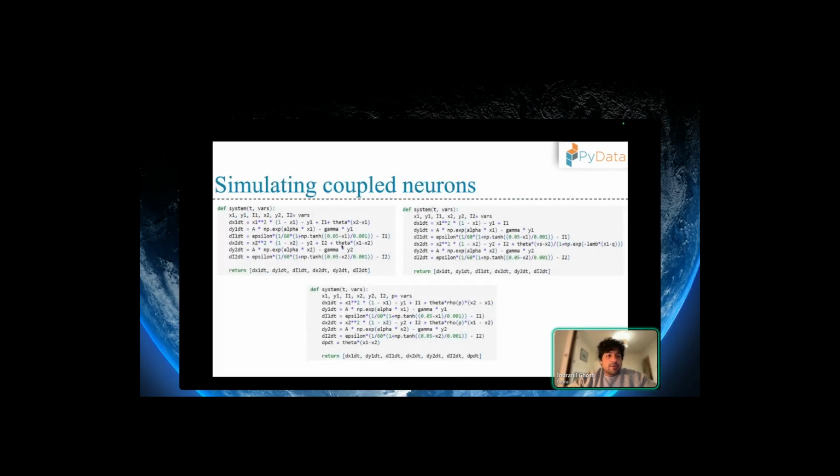Now, as I was talking about before, you can translate the mathematical systems into Python code. These are code snippets for doing a similar thing for the coupled neurons.